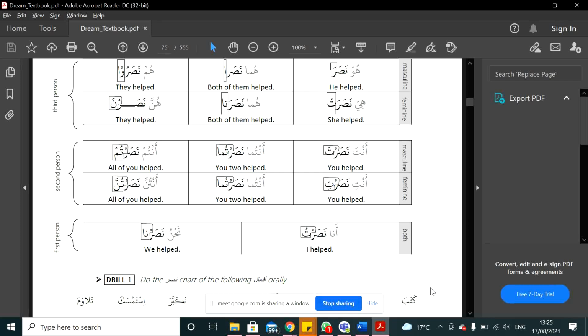The last one is talawama, which means to blame, right? So I want Sister Umm Habiba to please do talawama with meaning. Talawama. Okay. Huwa talawama. He blamed. Huma talawama. Both of them blamed. Hum talawamu. They blamed.